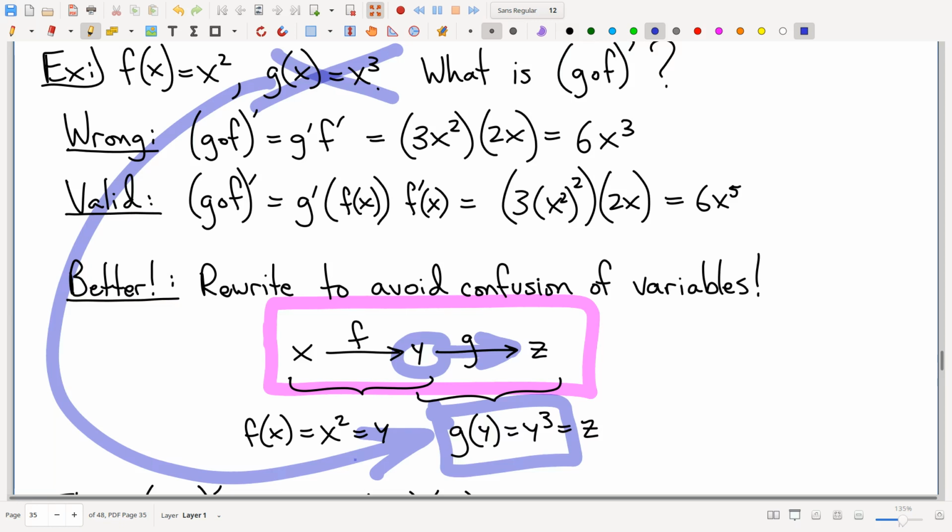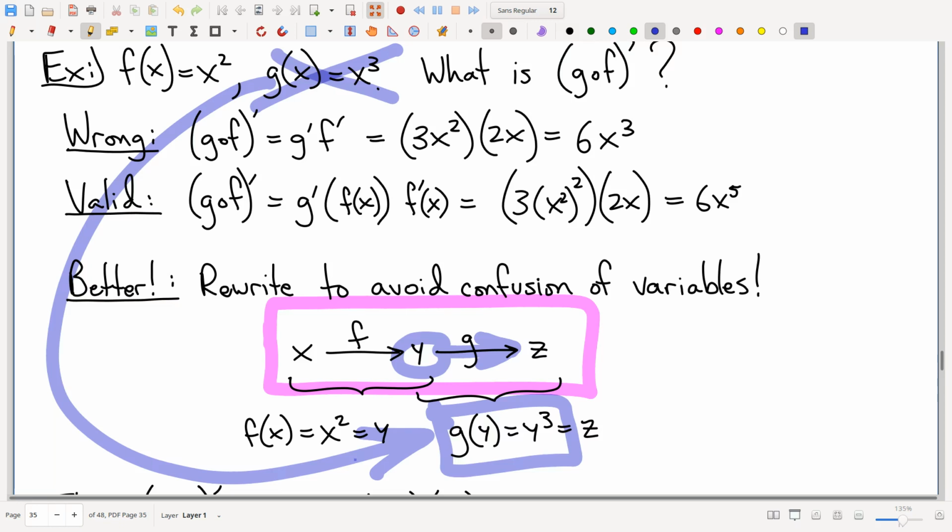G, the function itself, is the act of cubing whatever you give me. That's what G is. And I can represent the act of cubing whatever you give me by using any dummy variable. And again, as discussed up here, to make our diagram make sense, I think it ought to be called y, and it should not be called x.